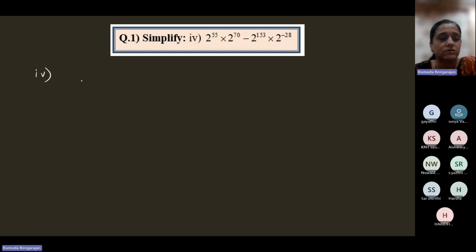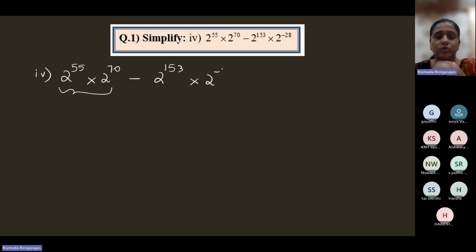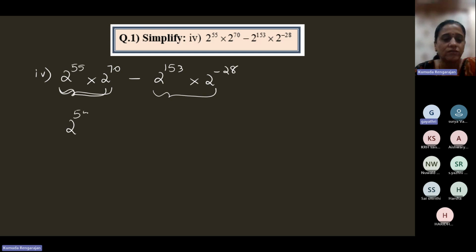What about this? 2 to the power 55 into 2 to the power 70 minus 2 to the power 153 into 2 to the power minus 28. Here the bases are the same and it's multiplication, so we have to add the powers: 55 plus 70. Minus, here again the bases are the same, 2 and 2, and it's multiplication.